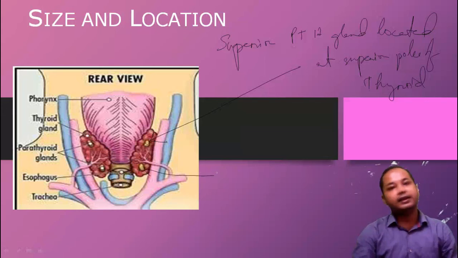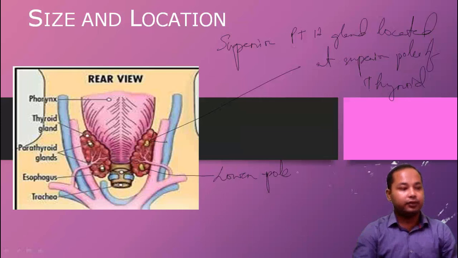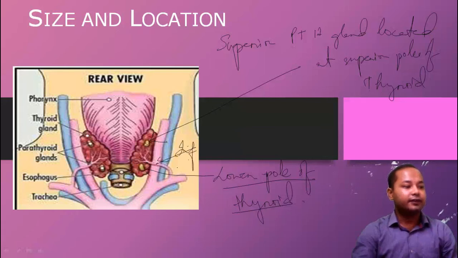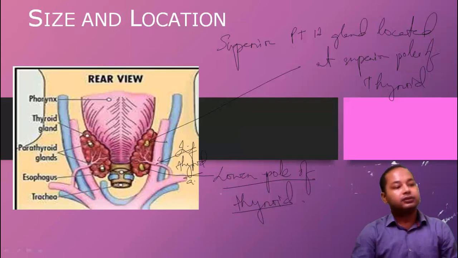Some of them are saying that the inferior parathyroid is located in the lower pole of the thyroid. Lower pole, this is easy to remember, lower pole of thyroid. And some of them are saying that in the lower pole of the thyroid itself, it is close to this artery. This is called the inferior thyroid artery. In certain textbooks it is written it may be close to the inferior thyroid artery.